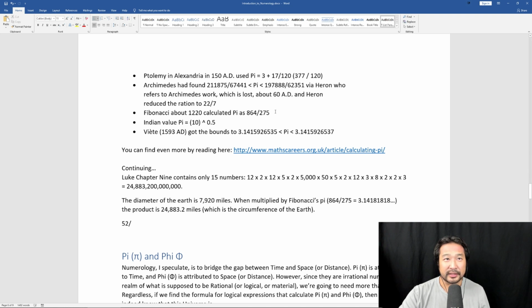And we're going to actually see that in use relatively soon. Indian pi is 10 to the half power. And Viete, in 1593, got the bounce to very close numbers. You can see that 0.0000002 difference. Pretty good.